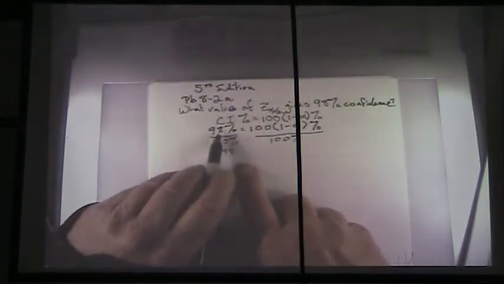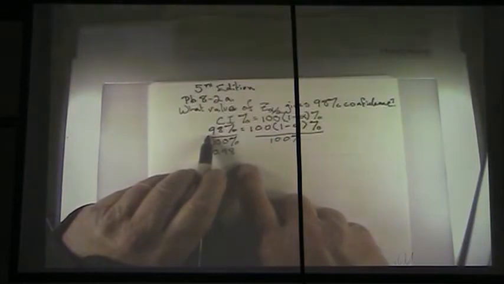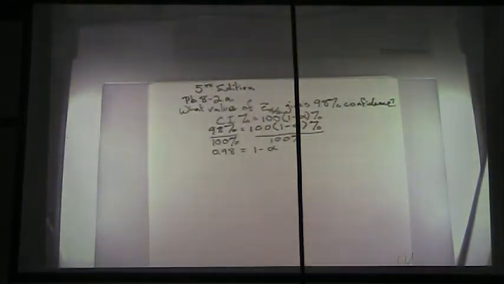Dividing by 100 means I move the decimal place over 2 spaces, as equal to 1 minus alpha. All right, so there you go. I've got that.